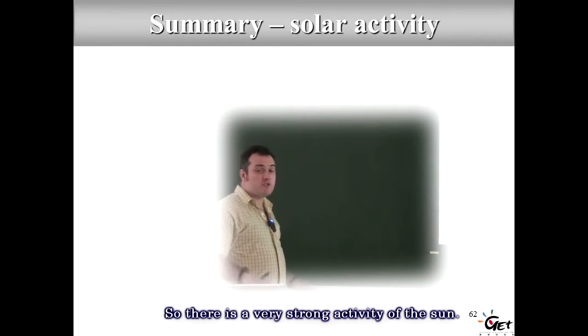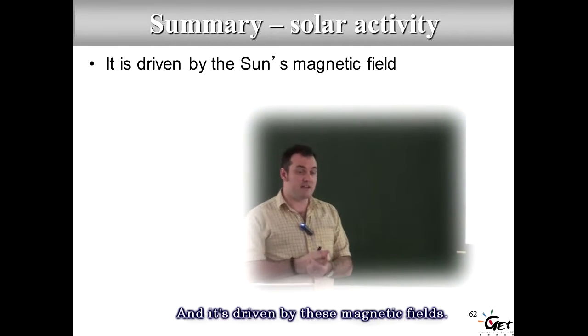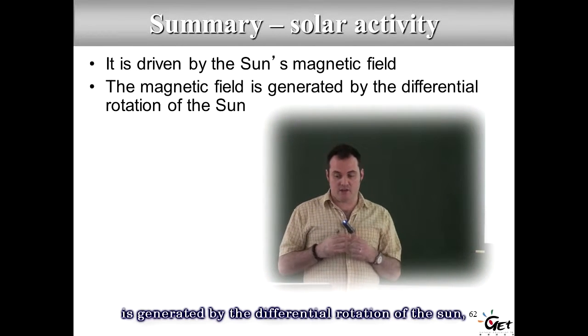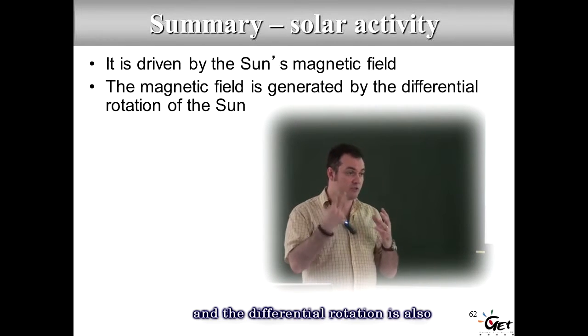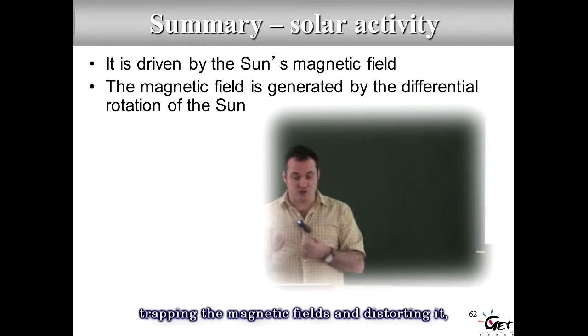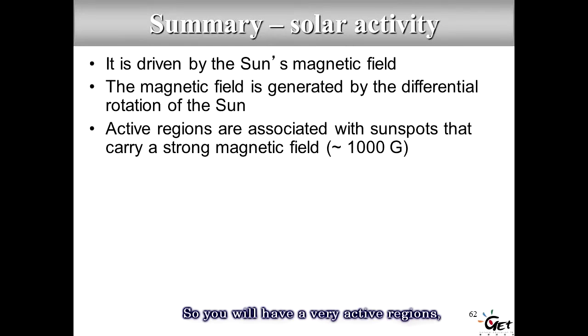So there is a very strong activity of the sun, and it's driven by these magnetic fields. The magnetic field is generated by differential rotation of the sun, and this differential rotation is also trapping the magnetic fields and distorting it and creating these sunspots. So you will have very active regions associated to those sunspots carrying very strong magnetic field locally, up to 1,000 gauss.